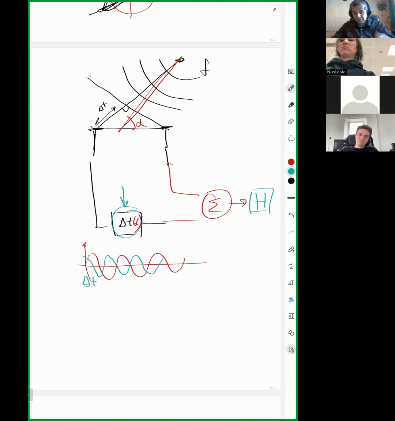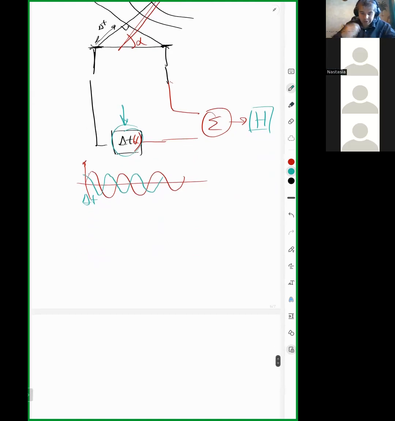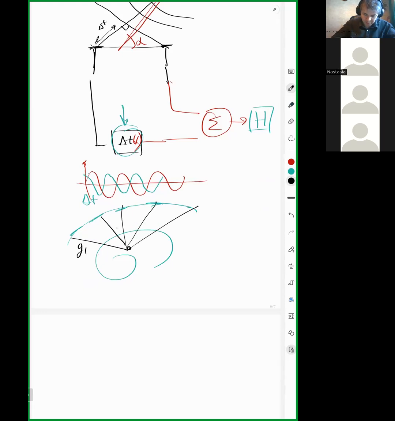But still, we have a parameter which describes how a source is seen by the sensors, right? If we have the head, if we have a set of sensors here, and a source here, we have this forward model, which is basically a set of coefficients, G1, G2, G3, G4, G5.